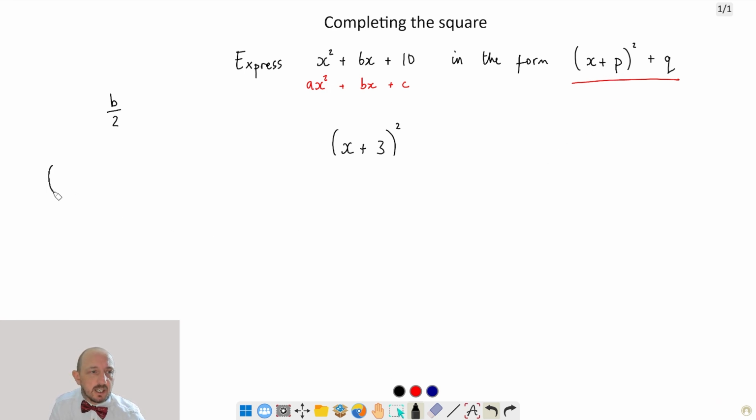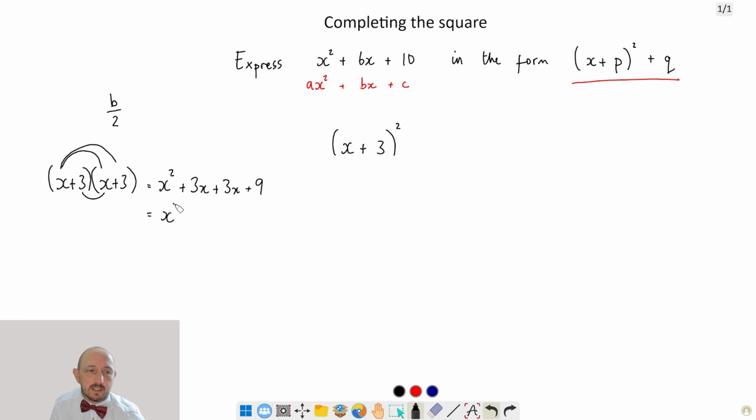If I just go to the side here and write this out fully, x plus 3 squared looks like this. So we have our double brackets, expanding those in the normal way with FOIL or however you do that. So x times x, x times 3 is 3x, 3 times x is another 3x, and then 3 times 3 is 9.